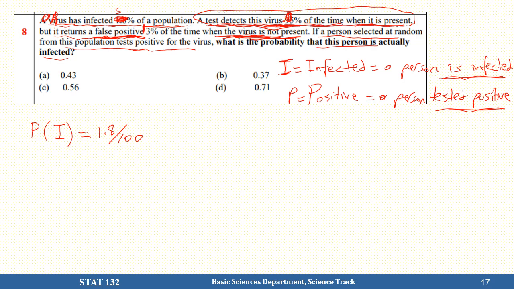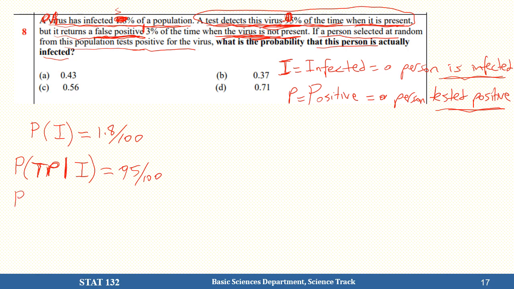This is giving you a conditional probability: if someone is infected, the probability of testing positive is 95%.